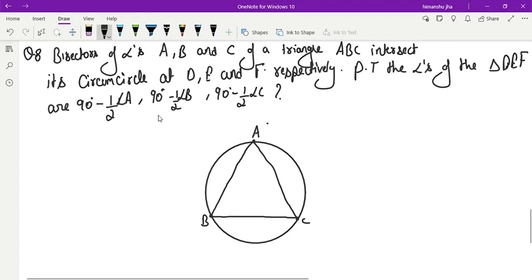Okay. Now let's look at it. Angle bisector of angle A intersects the circumcircle of ABC at D point. If nothing is given whether it is an internal or external angle bisector, we will assume only the internal angle bisector.